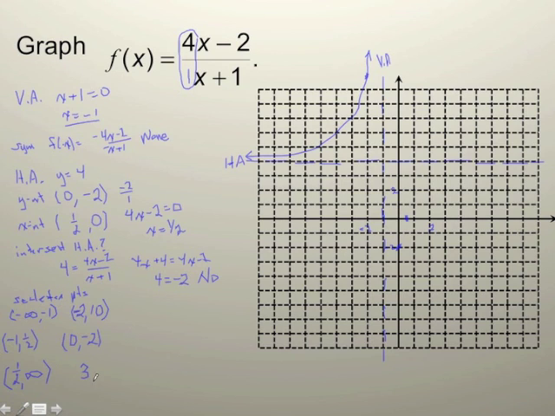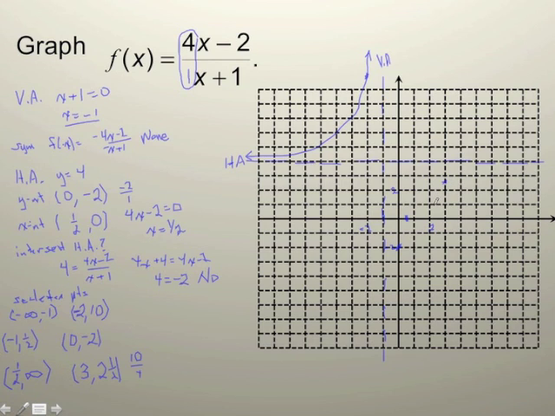I'll just pick 3. So that will give me 12 minus 2, so 10 over 4. So that ends up being 2.5. So 3, 2.5 will be here.